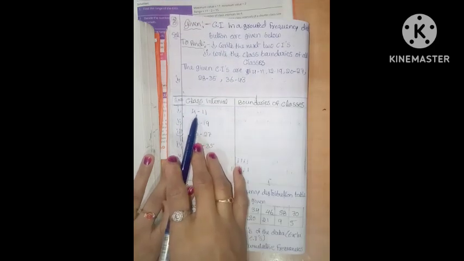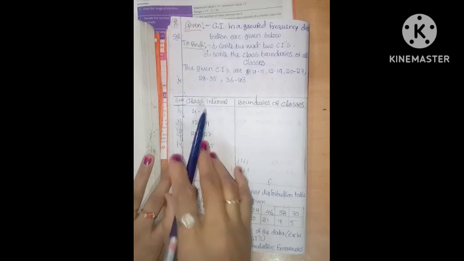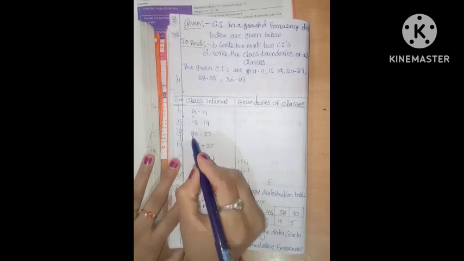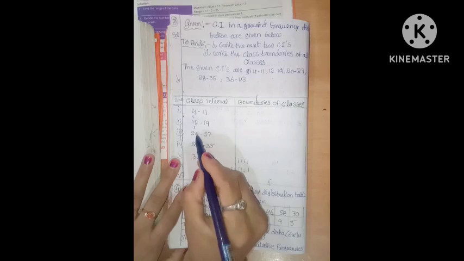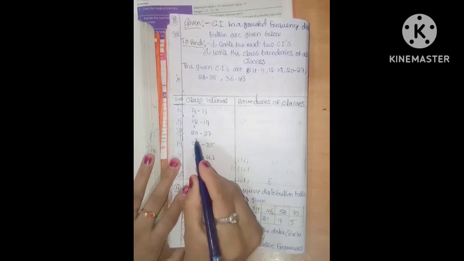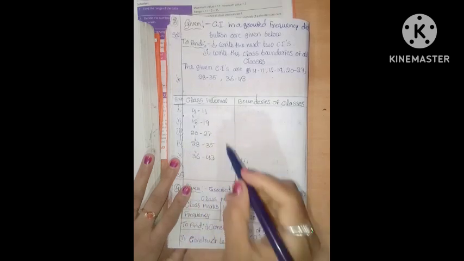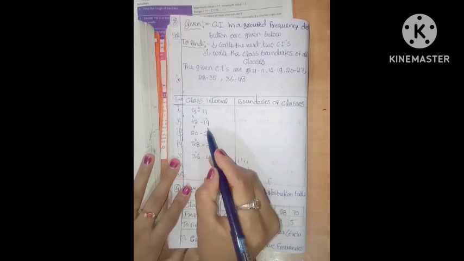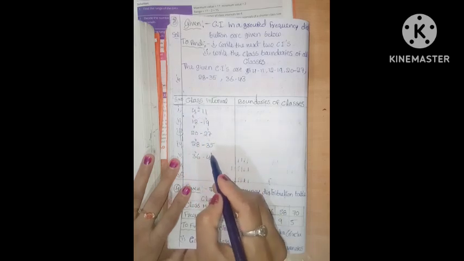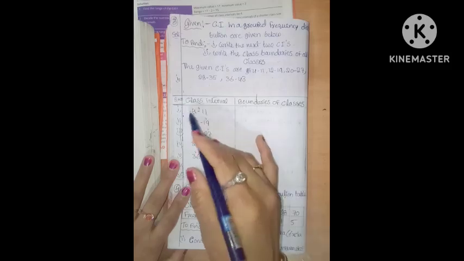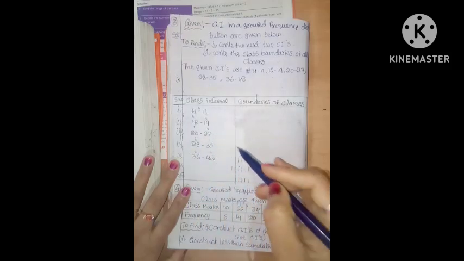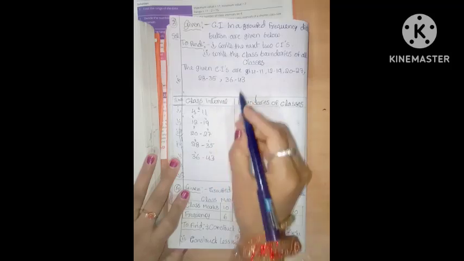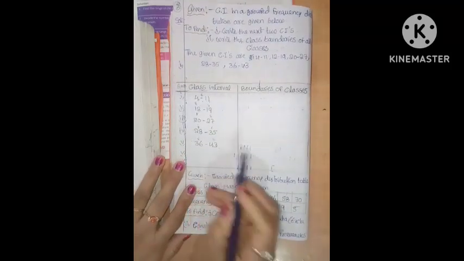Length of the class intervals 4 to 11 is 8 only. 20 to 12, 8. 4 to 11 is 8. The length of each class interval is equal, all are 8 only. So here the 5 class intervals are over.